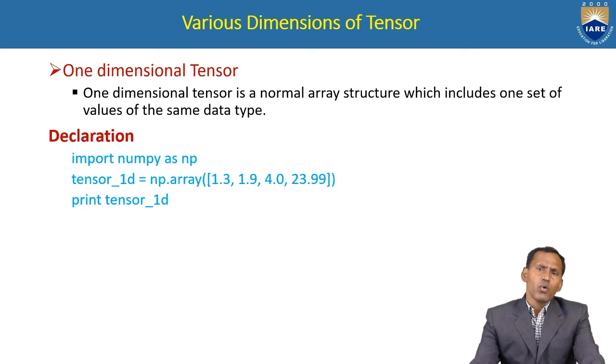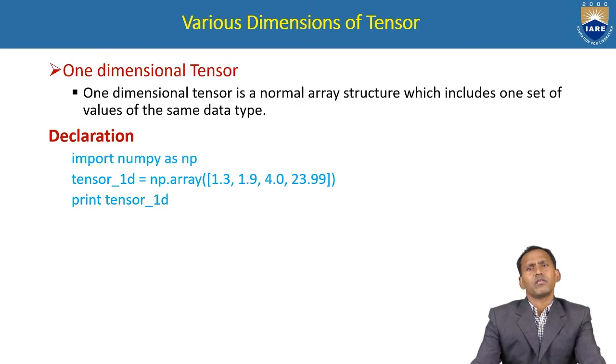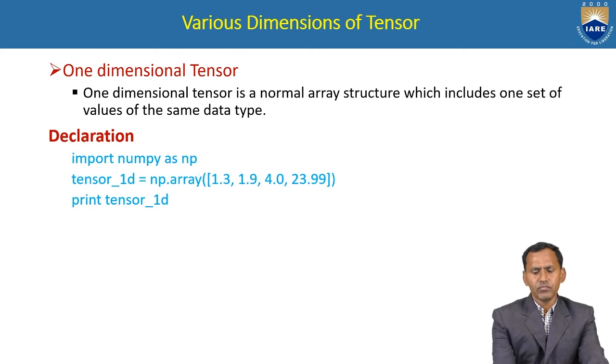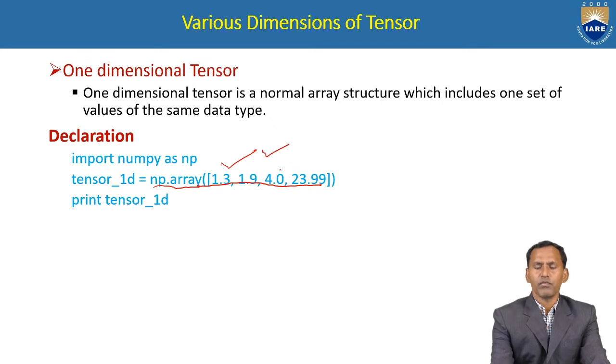Now coming to the one-dimensional tensor. A one-dimensional tensor is a normal array structure which includes one set of values of the same data type. For example, by using np.array, we can create these values of the same type: 1.0, 1.9, 4.0, 23.99.